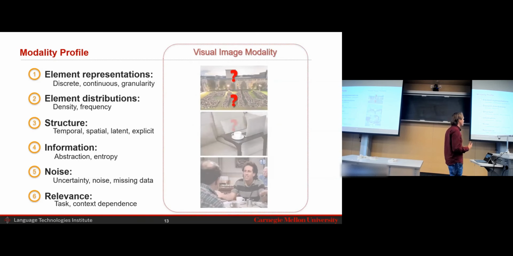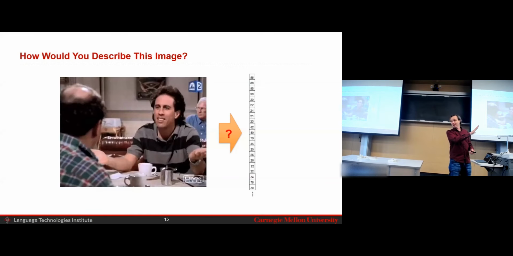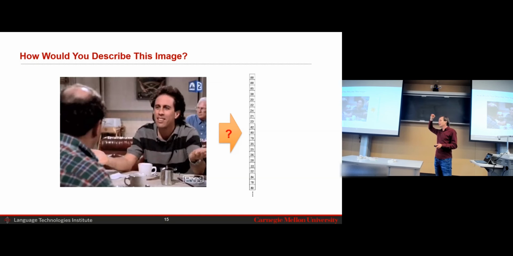Today, for example, we'll study the visual image modality and try, through different descriptions, to understand a little bit the elements, the distribution, the structure. These last ones we'll study in a later part. But how do you represent an image? I told you that the most basic one is just pixels, and that's also related to the earlier question about the tactile modality: it could be just at a really low level.